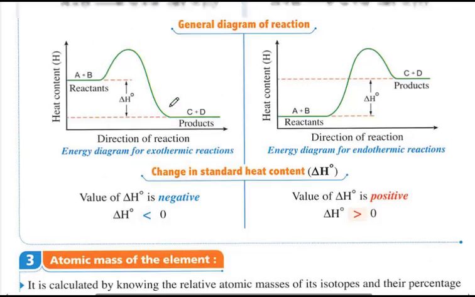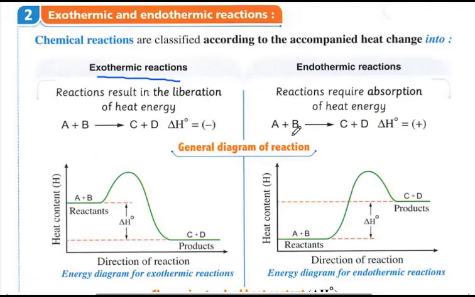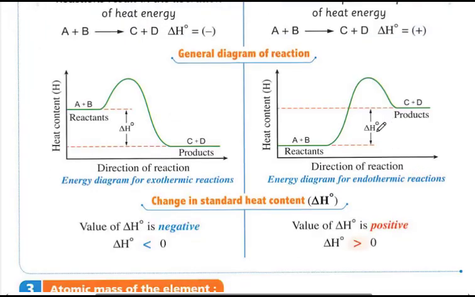Here it is an endothermic reaction, where the reaction takes some energy and the heat content of the product is higher. So delta H here has a positive sign, and the standard heat content of the reaction is higher than 0, as the reactants take some energy and form products with higher heat content.